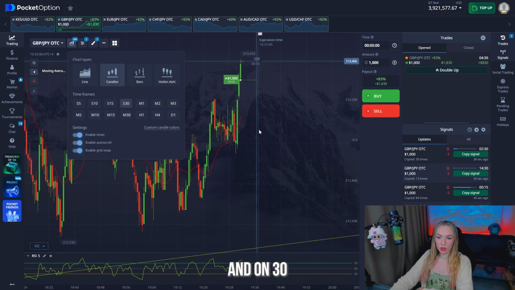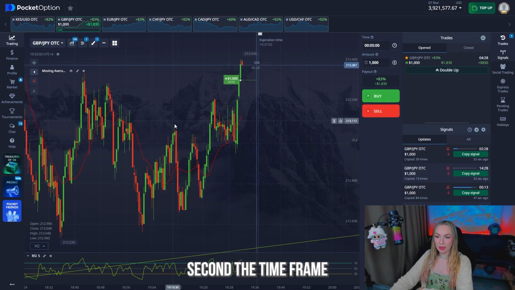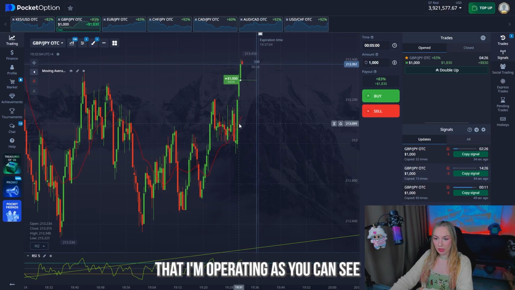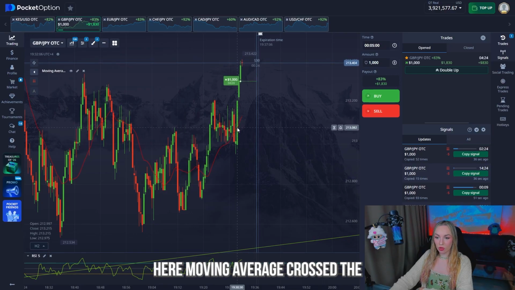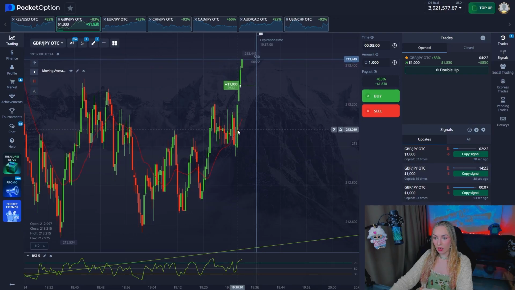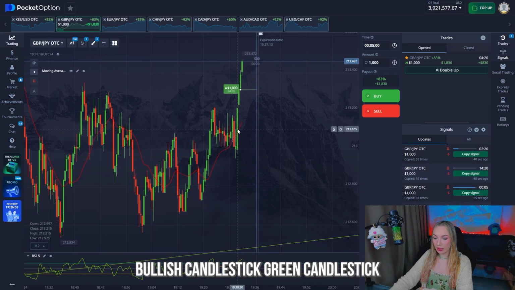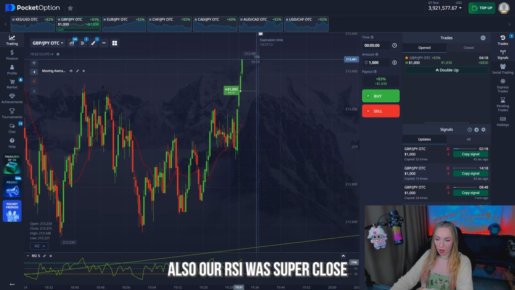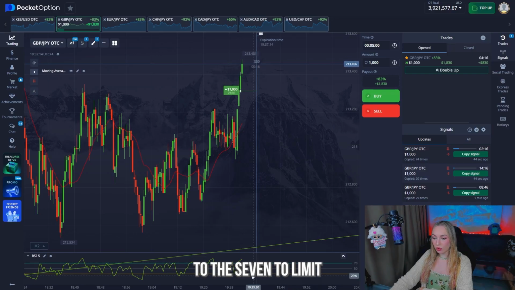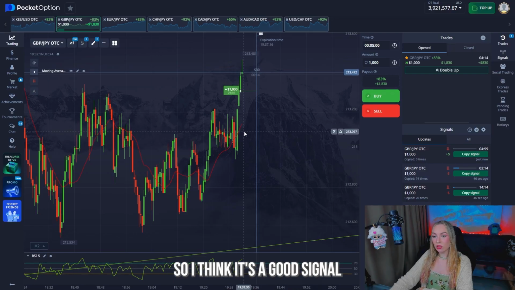And on 30 seconds, the time frame that I'm operating, as you can see here, moving average crossed the bullish candlestick, green candlestick. Also, our RSI was super close to the 70 limit, so I think it's a good signal.